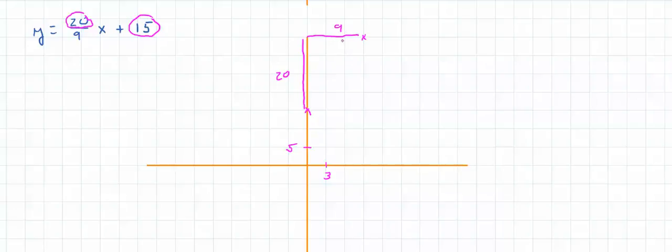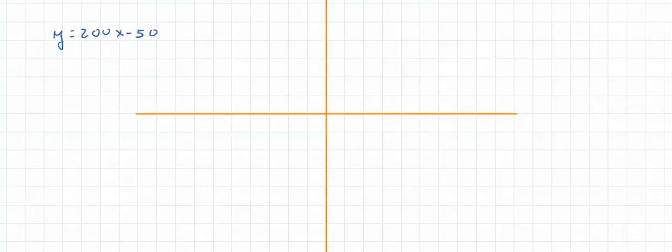We're not counting squares. We're paying attention to what these numbers are. So I started at 15, went up 20 over 9, and now I can graph my line, and our line looks like this. All right, let's do one more and then we'll be done.